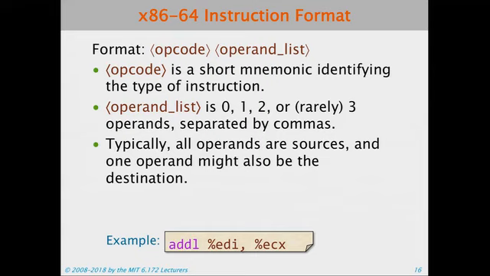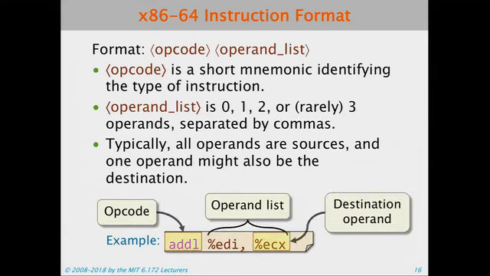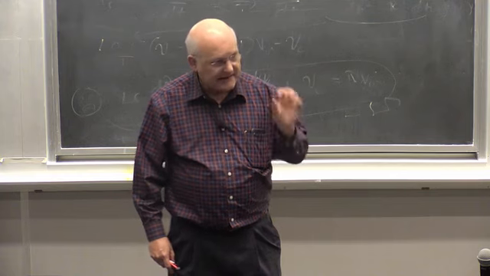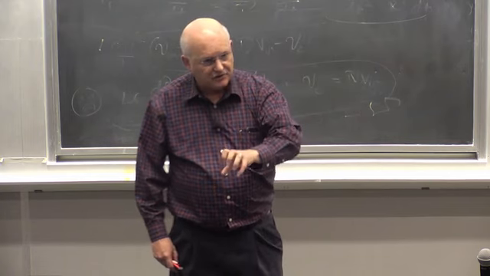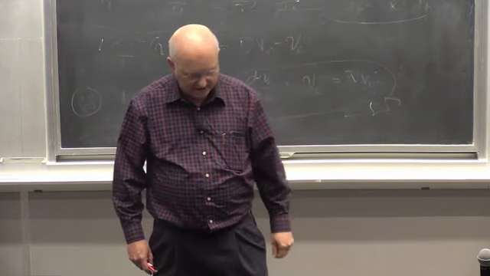For example, in this add instruction, the operation is an add, and the operand list is two registers, EDI and ECX, and the destination is the second one. It takes the value in ECX, adds the value in EDI into it, and the result is in ECX.